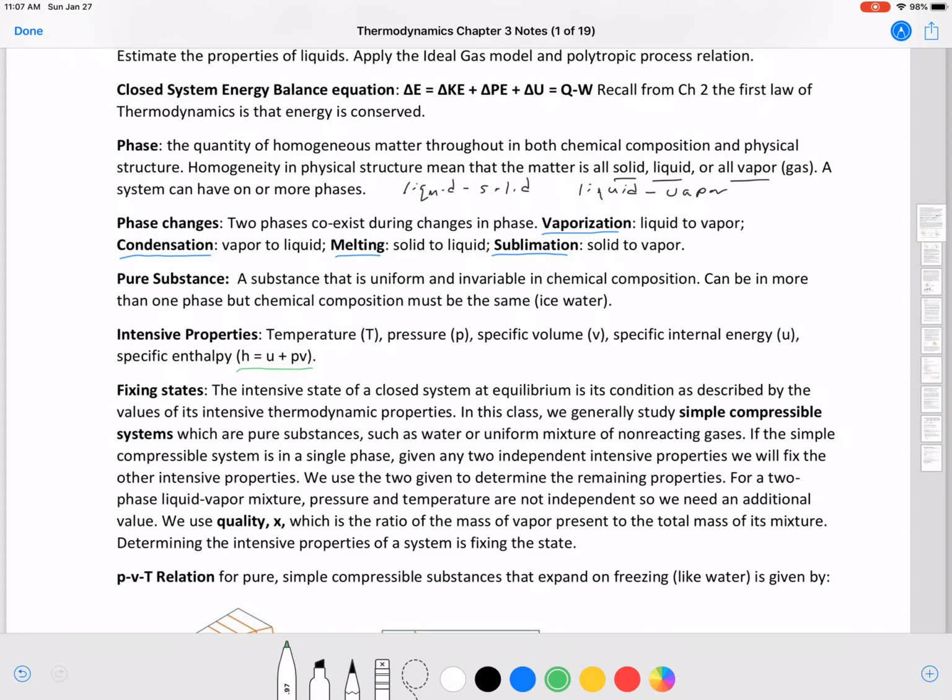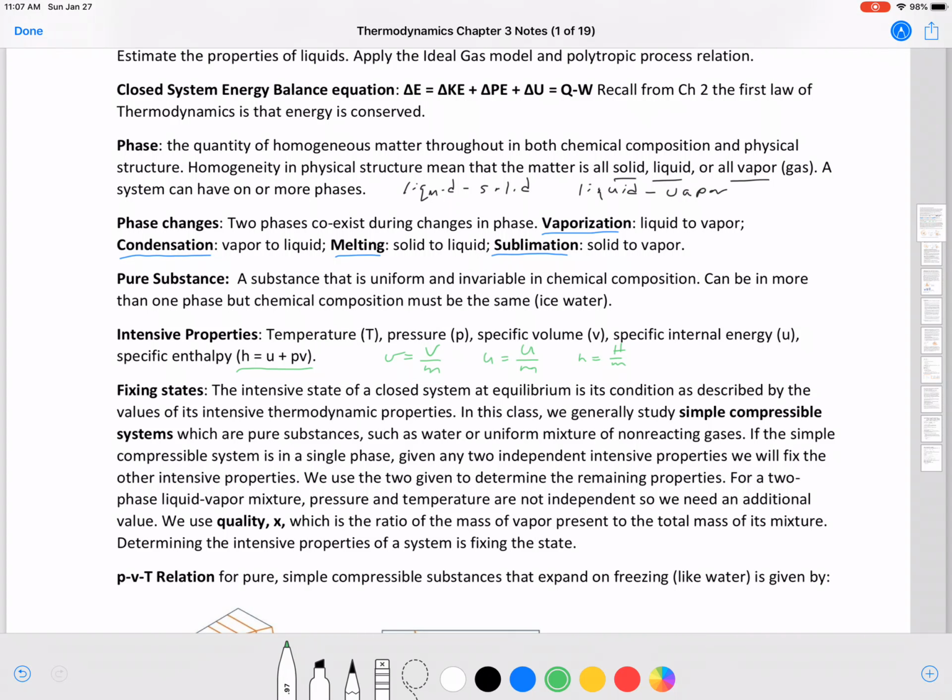Specific volume is volume divided by mass. Specific internal energy is internal energy divided by mass. And specific enthalpy is enthalpy divided by mass. That makes those intensive properties, and those are tabulated in our book. We'll use the tables to find them.